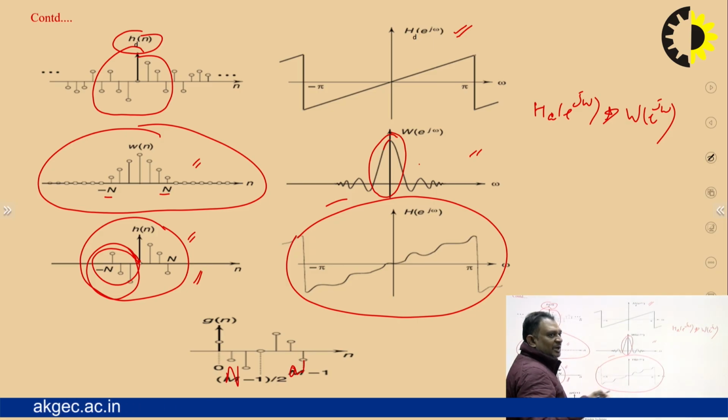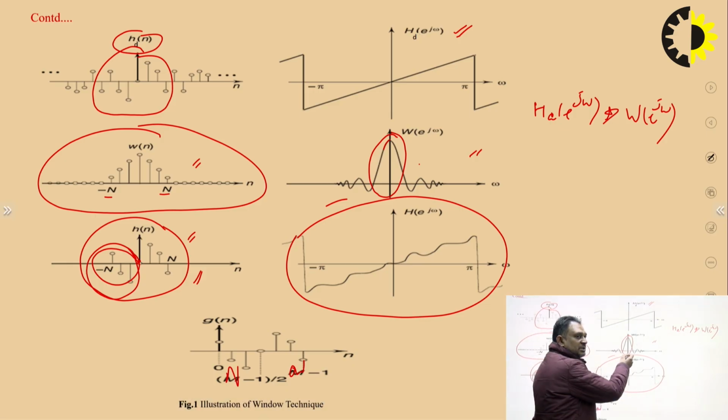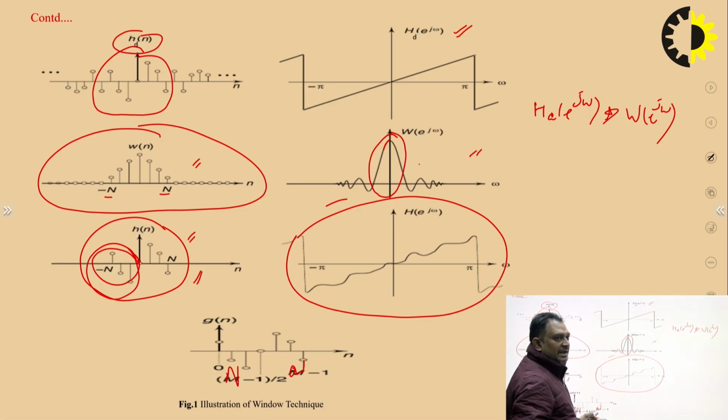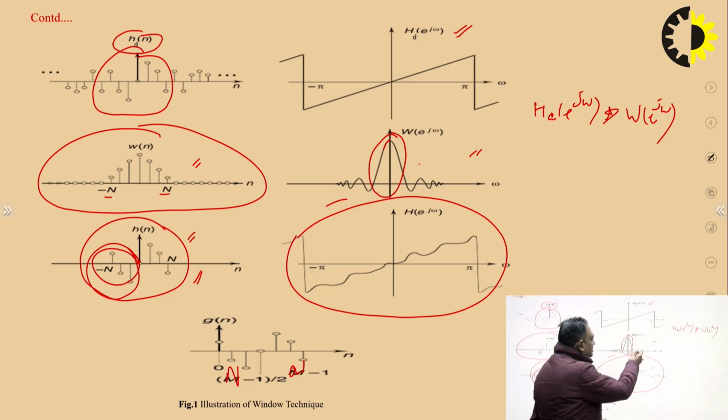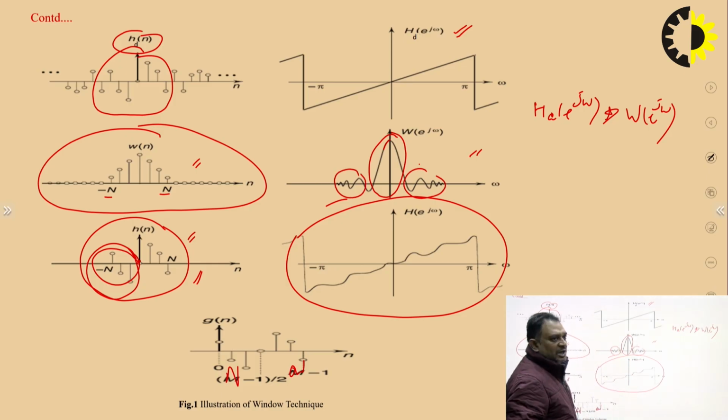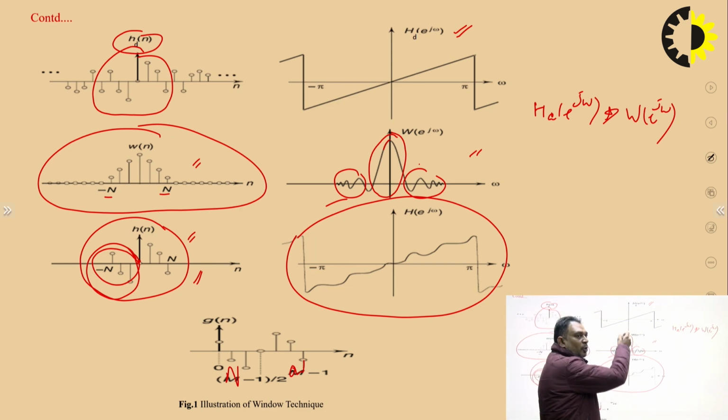A good spectrum is one in which most of the energy lies within this major lobe, and very less energy is wasted in these side bands, because this is the spectral leakage. So a good window spectrum is one in which most of the energy is concentrated around this main lobe.